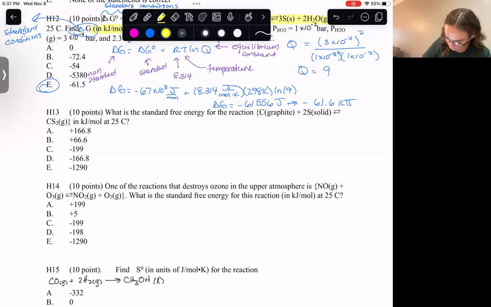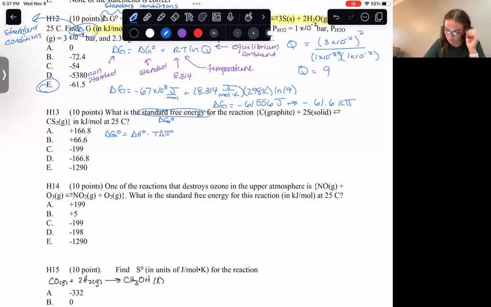Yes, yep. So for standard free energy, we're looking for delta G naught. Yes, perfect. So delta G naught would be equal to delta H naught minus T delta S naught.